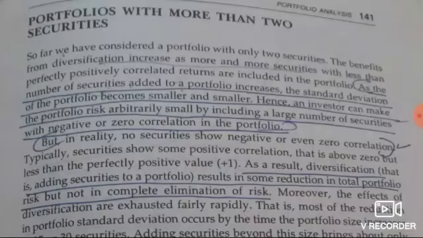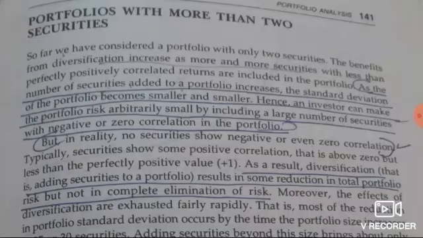So in the case of more than two securities also, if you increase the number of securities and include securities whose correlation is less than +1, diversification will occur. As the number of securities increases, the risk of the portfolio will decrease as the standard deviation of the portfolio becomes smaller and smaller. Hence, an investor can make the portfolio risk arbitrarily small by including a large number of securities with negative or zero correlation in the portfolio.